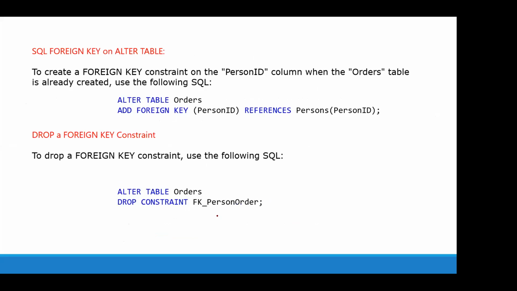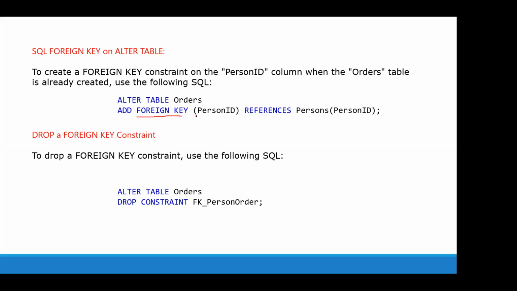Okay, so here you can see SQL is easy. In the alter table statement, we can even apply these constraints. If you want to apply the foreign key constraint on the same tables, persons and orders: alter table orders, add foreign key.